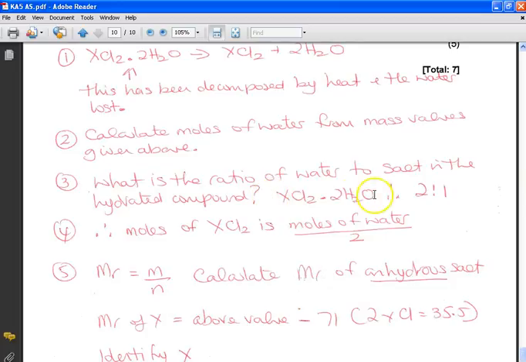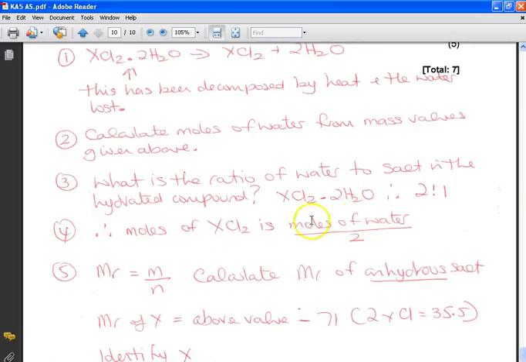Now if you look at this formula, XCl2·2H2O, it shows you that the ratio of water to the anhydrous salt is 2 to 1. So once you've worked out your moles of water, if you divide that by 2, it tells you how many moles of XCl2 you've got. Don't forget this ratio stuff. It's very important. You're using it all the time, whether you're looking at an equation or a formula.